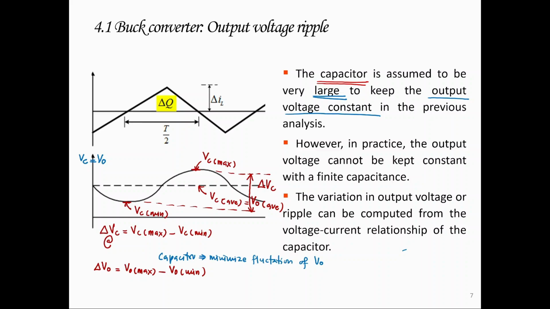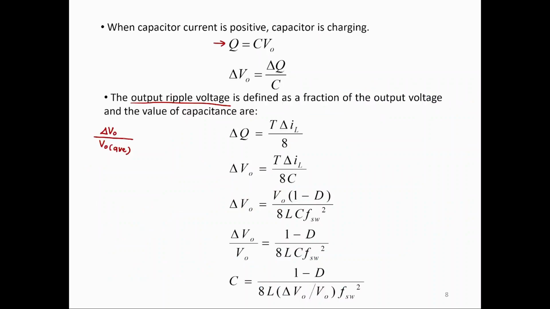This is called output voltage ripple, which is delta V naught over V naught. Output voltage ripple.